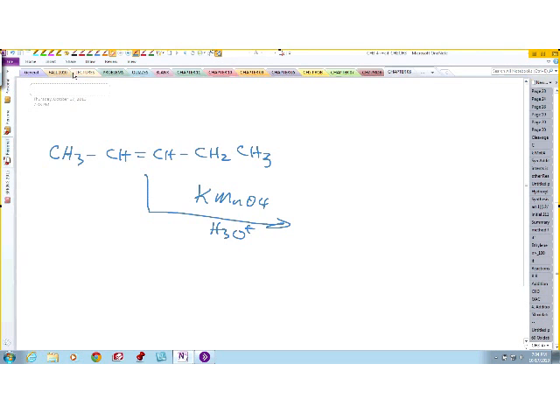Will they be ketones or carboxylic acids? Carboxylic acids, exactly. You are going to cleave right here. So this carbon here becomes the carbonyl carbon of a carboxylic acid. And this other carbon also becomes a carboxyl group, which is this here.